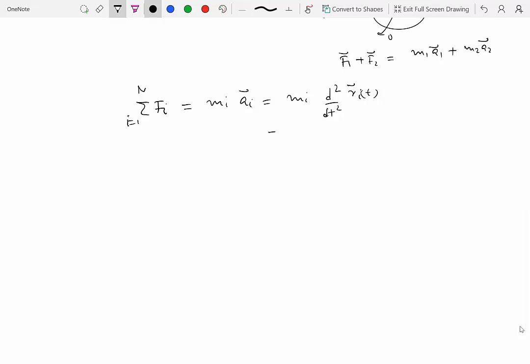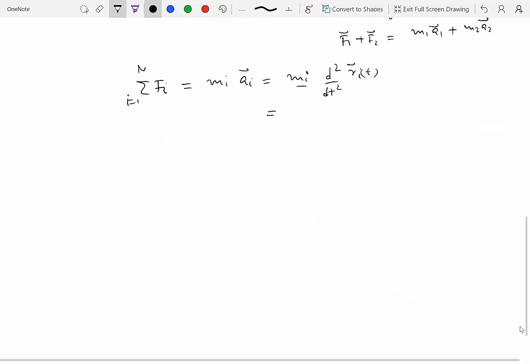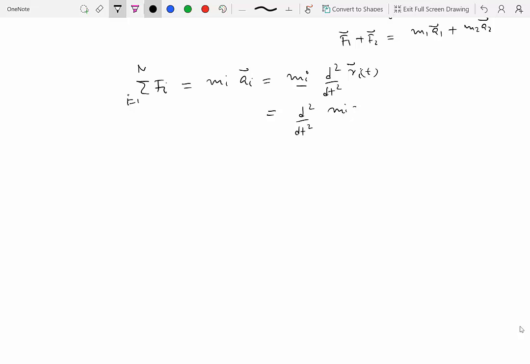If the mass is not changing, that means it's a closed system. The particles are not coming in and not leaving out, so the mass is constant, and I can write this as d2 dt2 of mi ri, and this is a summation, so I can do this as that, right?